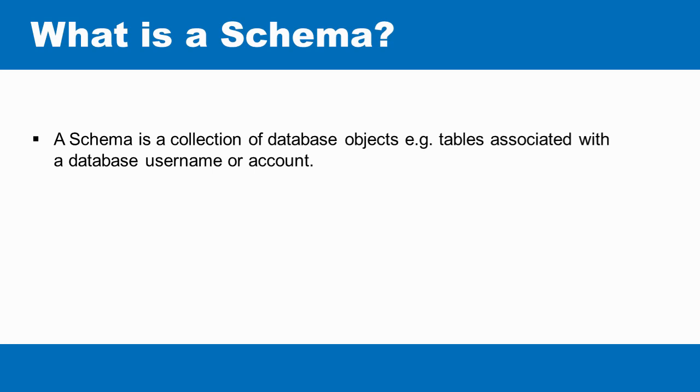So with a schema, you can assign a permission group where you can assign different users to a group, and you can also attach different levels of access to various objects within that schema.